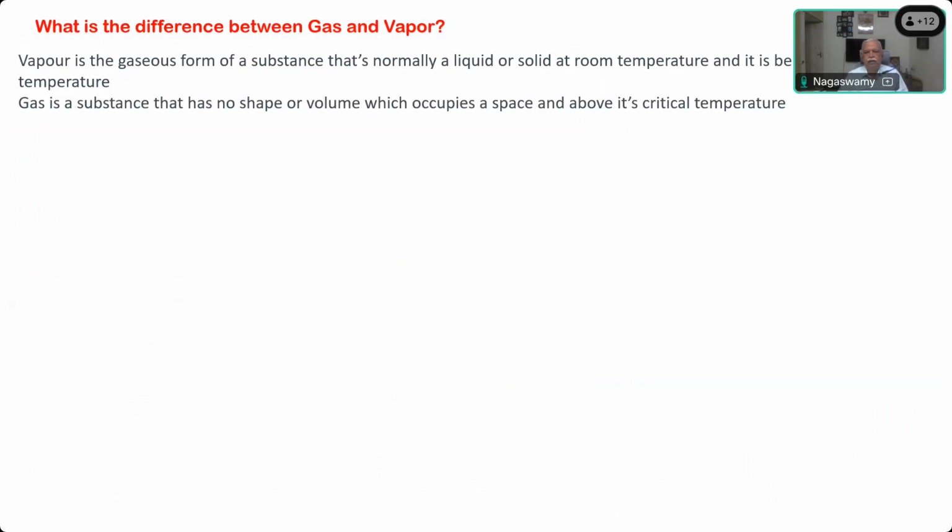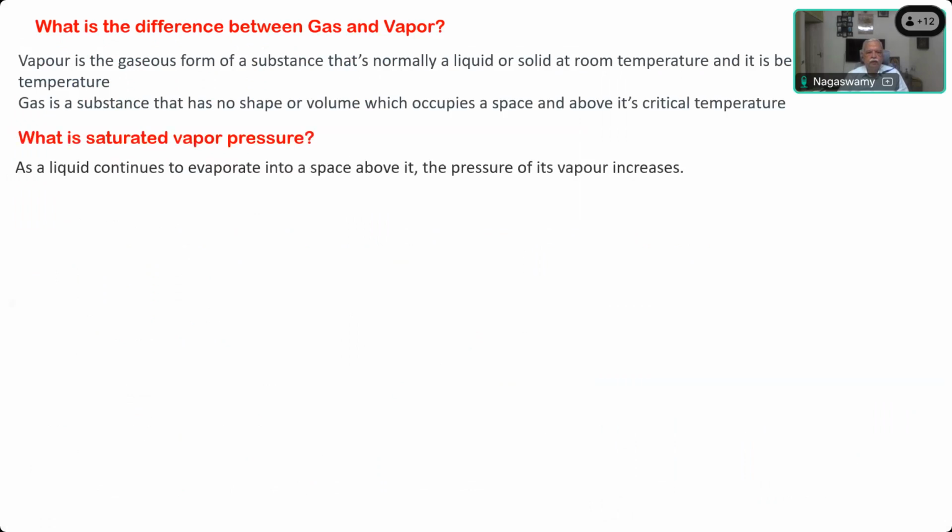Above critical temperature, it is gas. If you remember this simple point, it is quite enough for your exam purposes. So if the examiner asks you what is a vapor and what is a gas, any gaseous substance below its critical temperature is vapor, above its critical temperature is gas. That much of an answer in the viva is accepted.